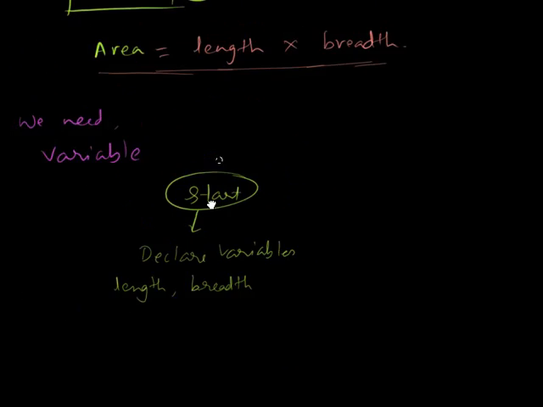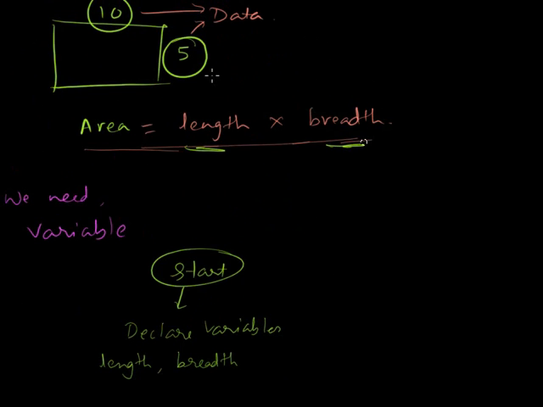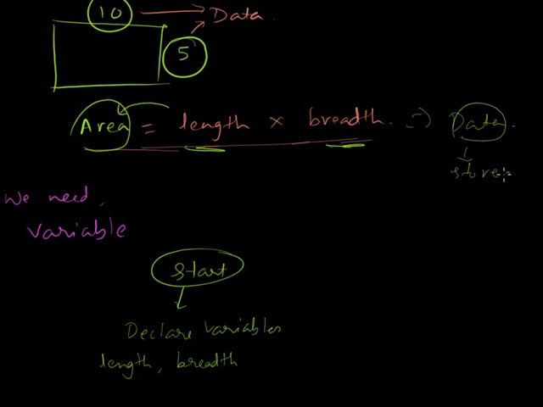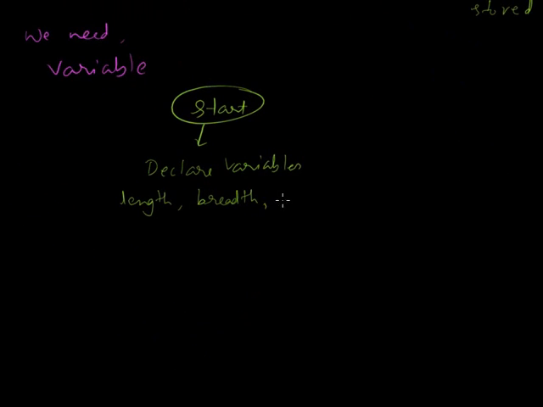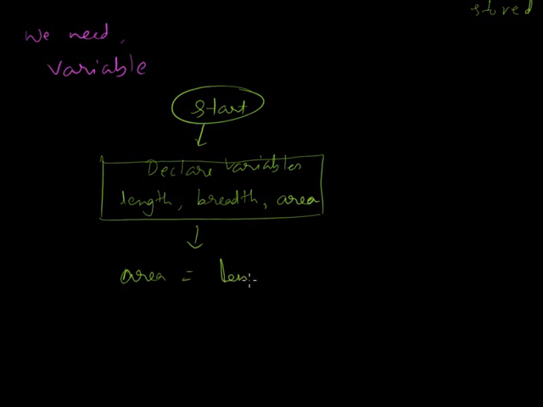Now when you calculate with the length and breadth, you'll store the result in area. So area is also data. This operation will also give you data. Now this data has to be stored, right? So this data is stored in the variable area. So we need another variable to store our answer. So we need 3 variables. So this is declaring variables. After that we have our formula ready, that is area is equal to length into breadth, right?